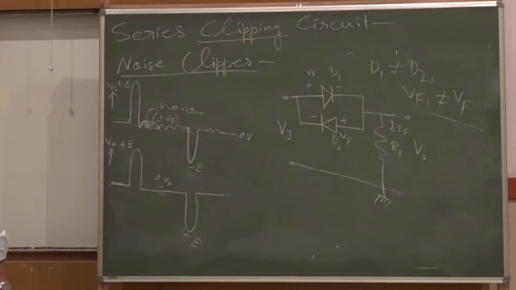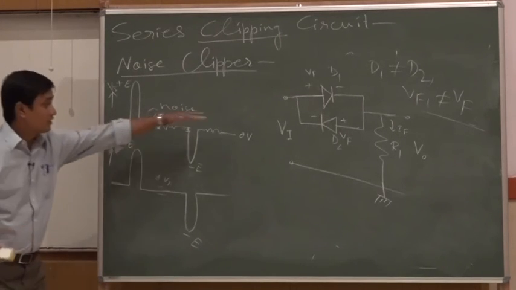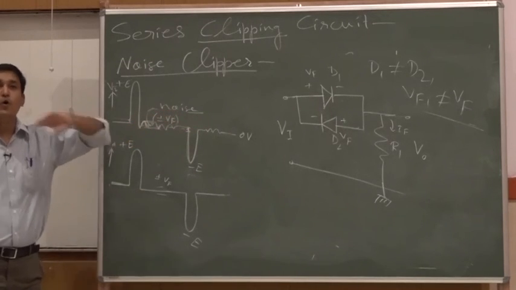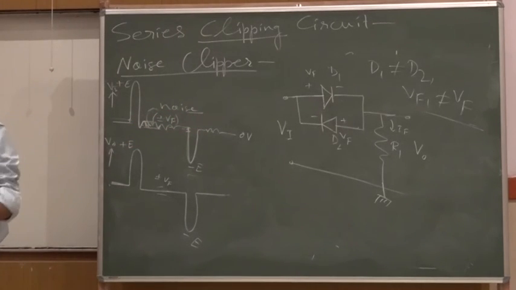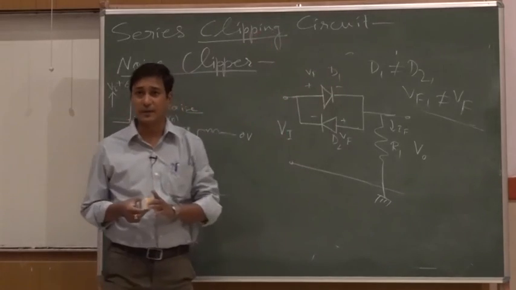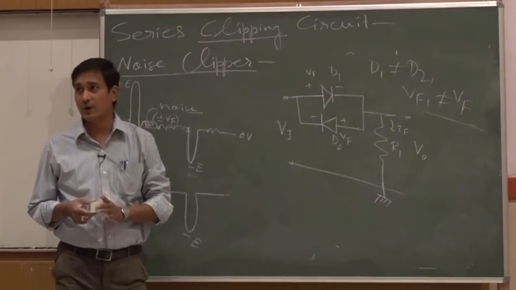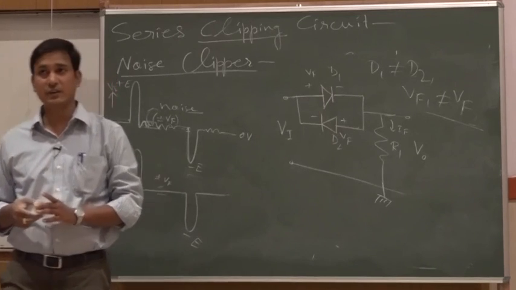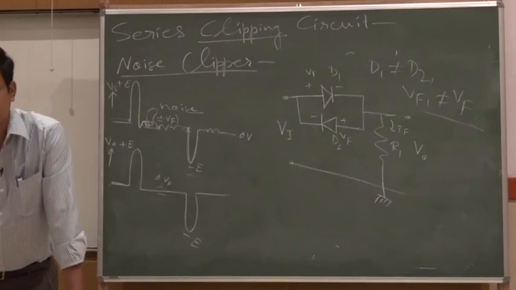Or if I say that across this 0 voltage, the noise goes more in the positive side and less in the negative side, or more in the negative side and less in the positive side, for that I need to design a circuitry like this where the noise will be clipped off. What to do for that? Please do practice for that, and up to this only we will take for this lecture. Thank you.